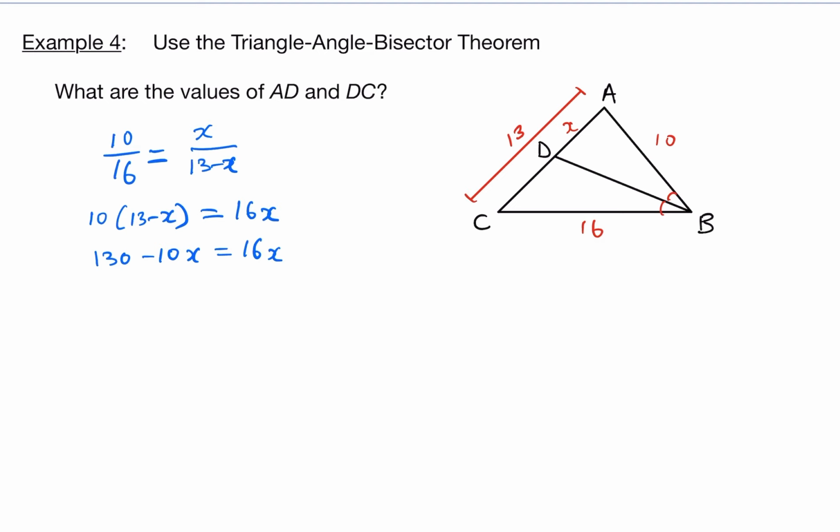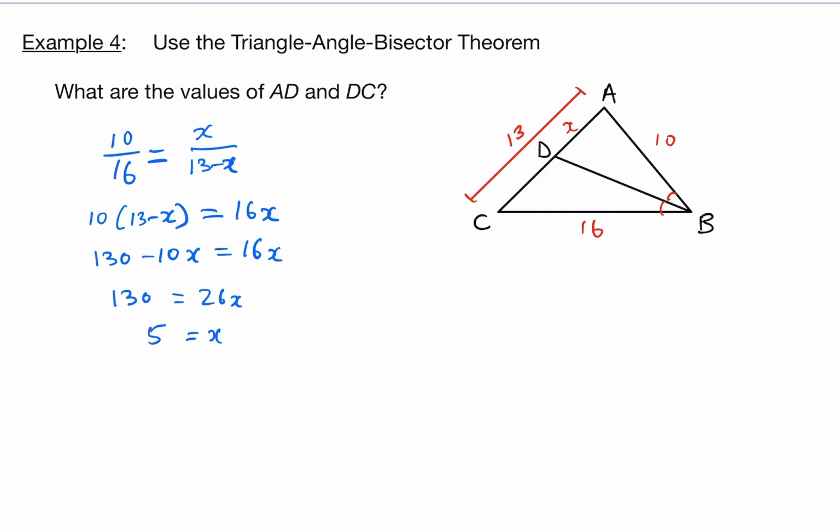Now we move the negative 10x to the other side by adding 10x to both sides, and we get 130 is equal to 26x. The last step is to divide both sides by 26.